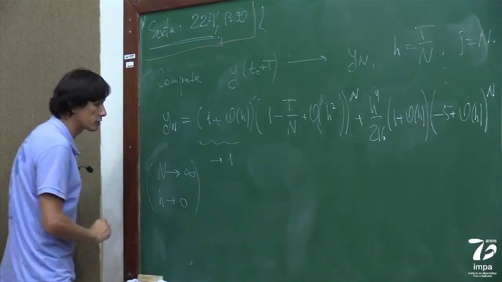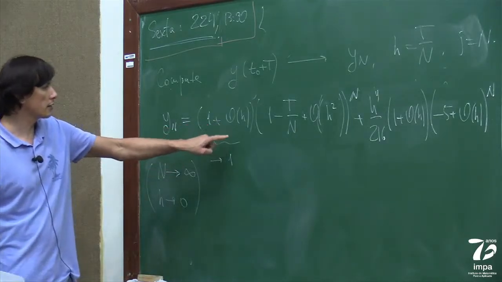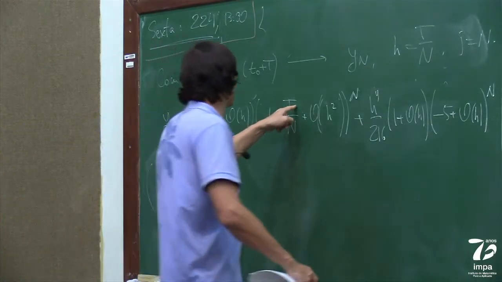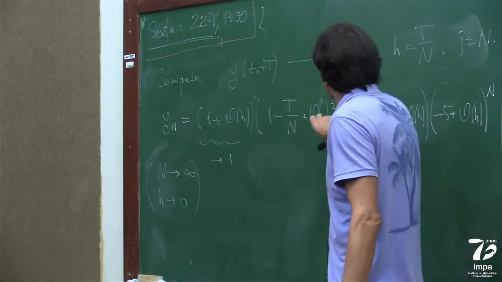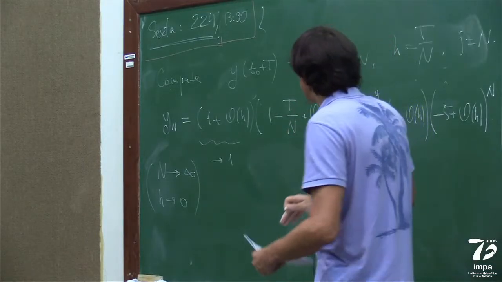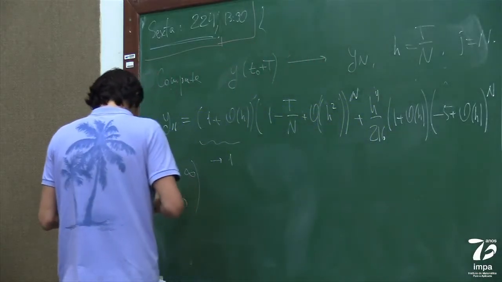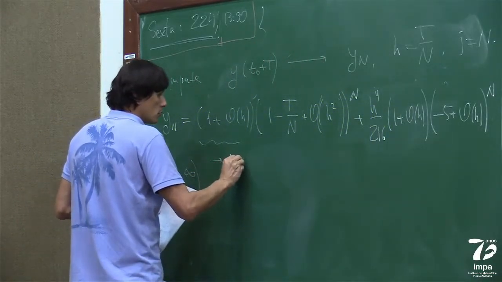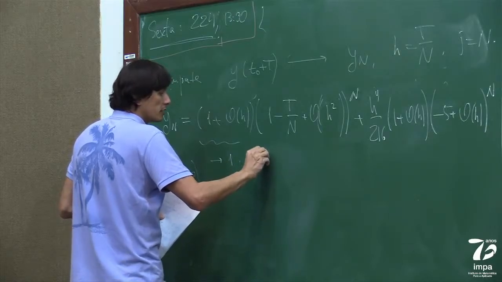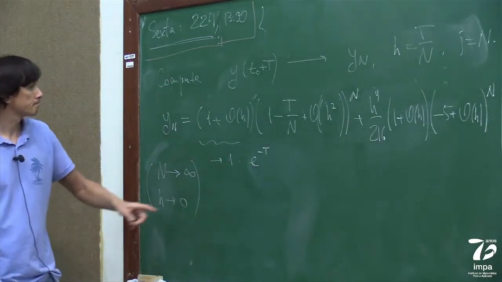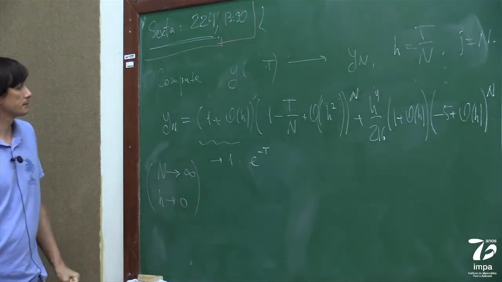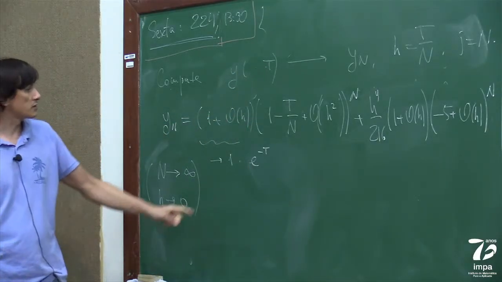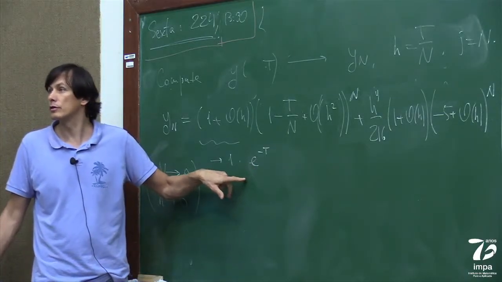So this is a limit. This goes to 1, and here the t capital is fixed. This is the time at which we want to compute, and this is 1 over n, so this is the exponent. So this gives you exponent minus t. T0 is 0. So this is exactly the exact solution that we want.